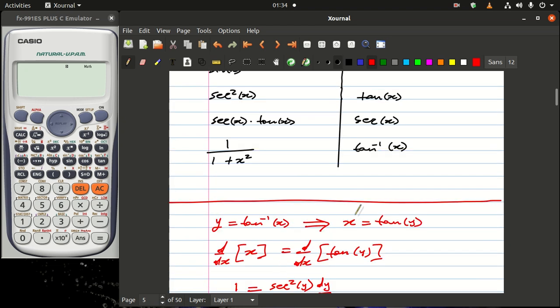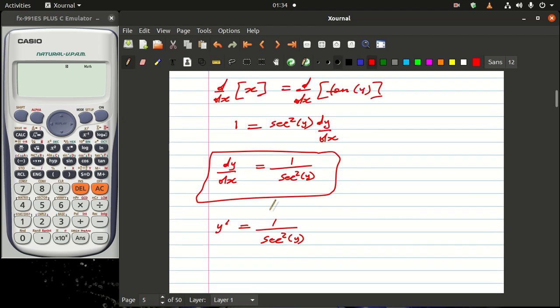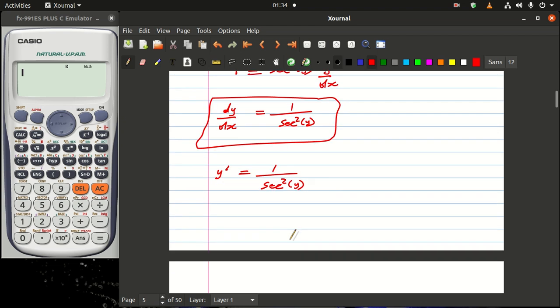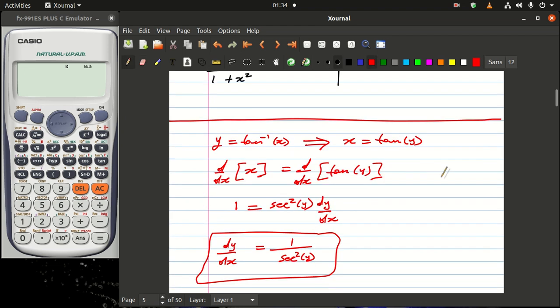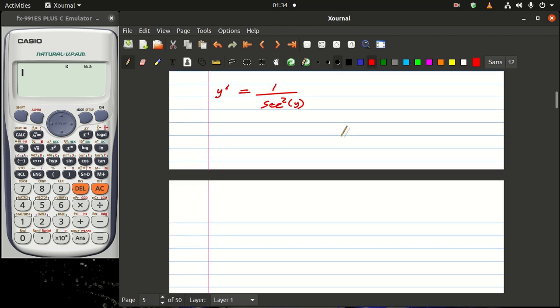Now, how come we end up getting 1 over 1 plus x squared, but here we have sec squared? Is that even true? Let's just look into this. From this part here, we had x is equal to tan of y.